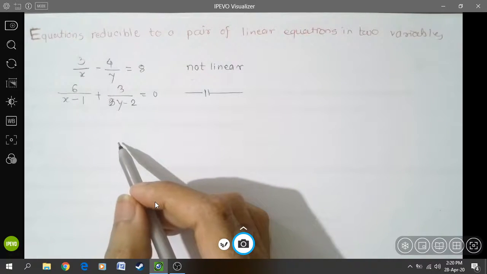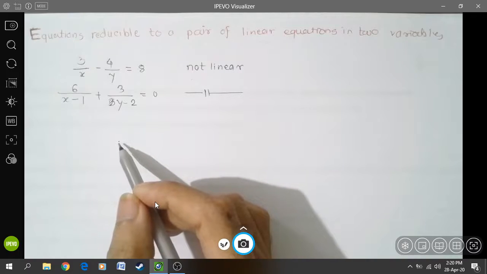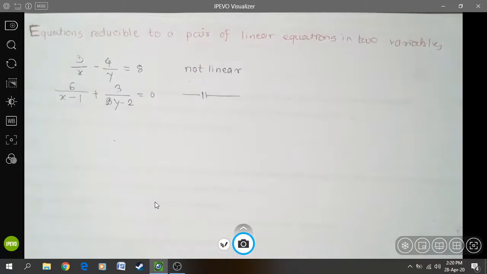So we found out that these are not linear equations. But the question arises, can we convert or reduce them to a linear equation in two variables? The answer is yes. We can convert in some cases, if they have suitable variables. So we will see how to reduce them to a pair of linear equations.